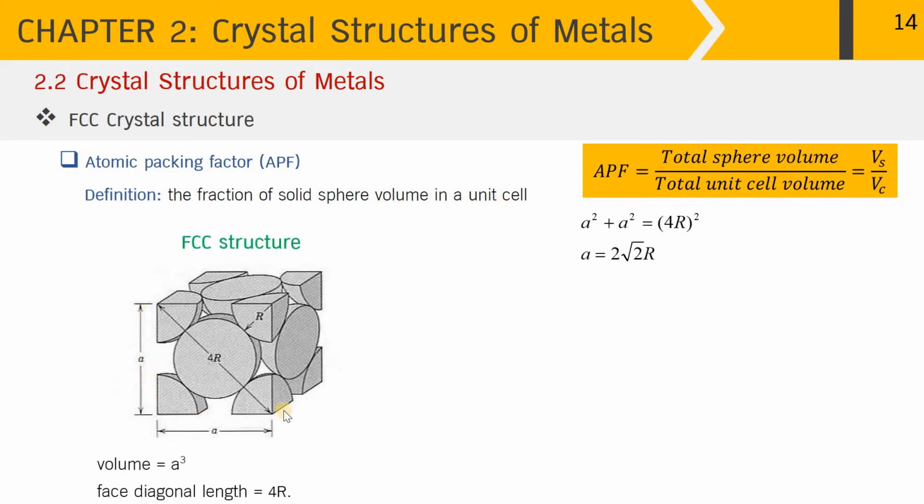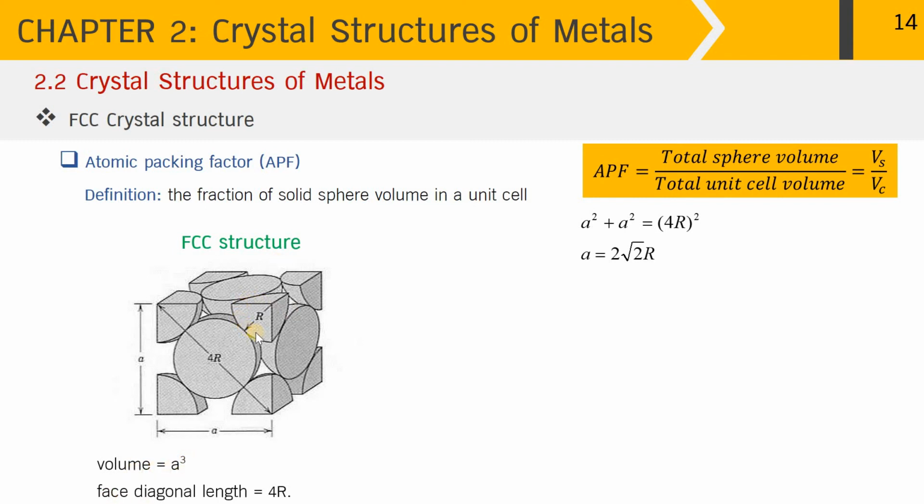And I give you back here again the 3D model of the FCC structure showing the atoms within the cube. With this cube, a is the lattice parameter showing the length of the cube. So therefore we have the volume of the cube, or Vc, equals a cubed.